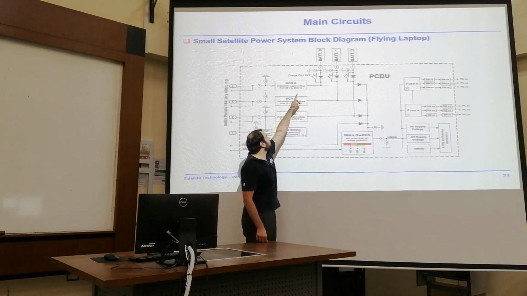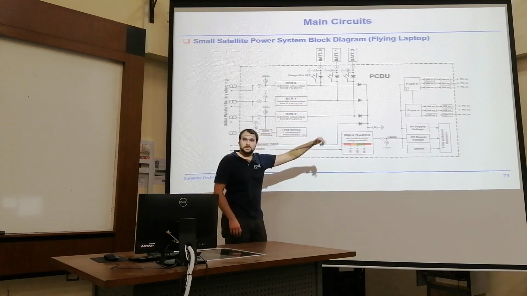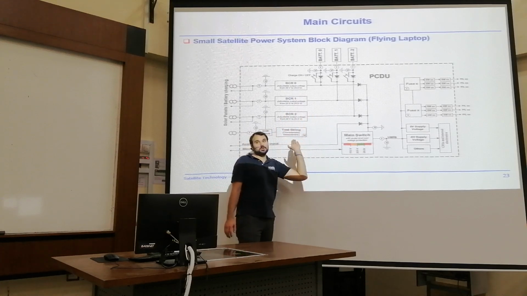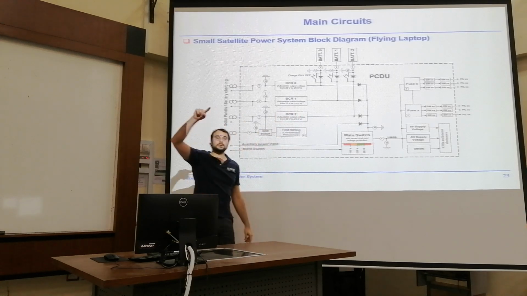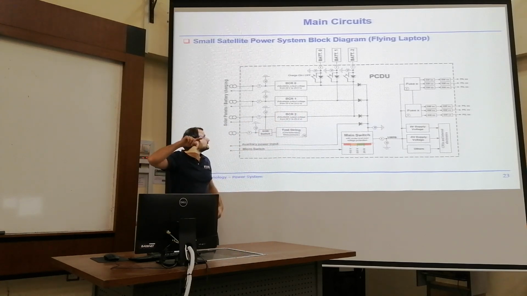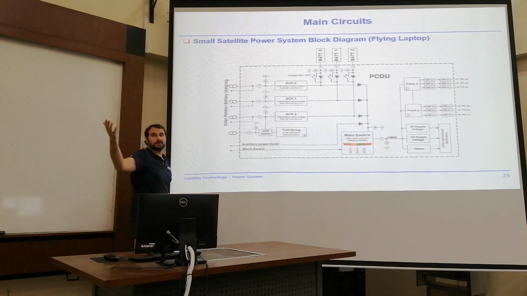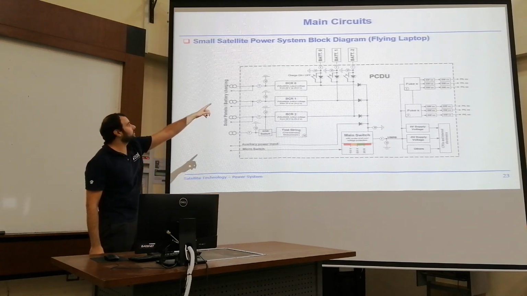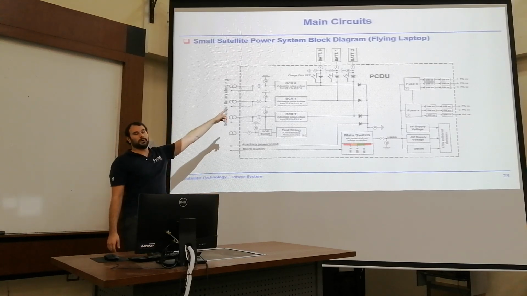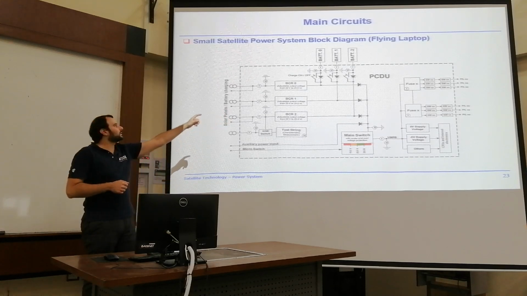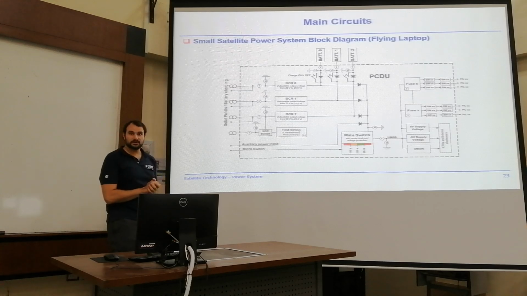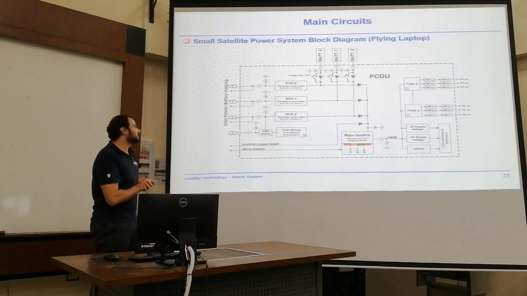If we have the switch open, we can only discharge because of the diode there. If we close the switch, then we kind of short this diode and we can then charge the battery. Again, measuring the current and the actual voltage, we have a good set of telemetry to control our PCDU unit.